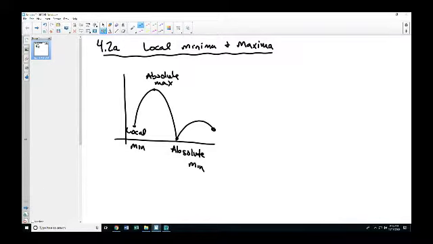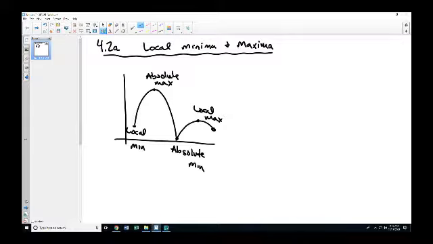And then this would be a local maximum. Okay. Those are the framework for today and tomorrow.